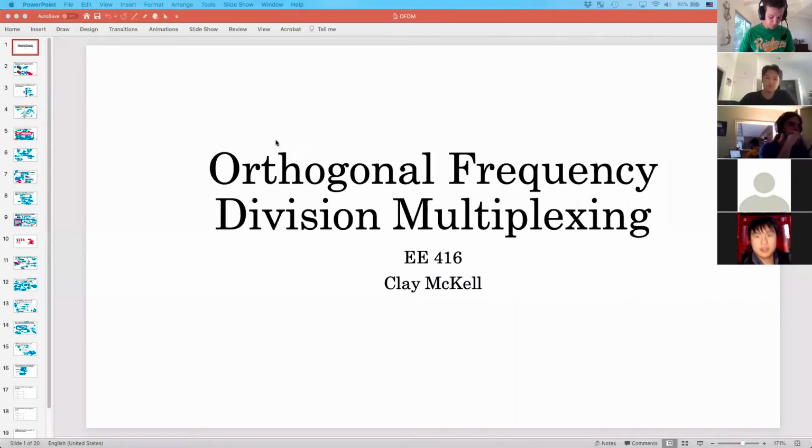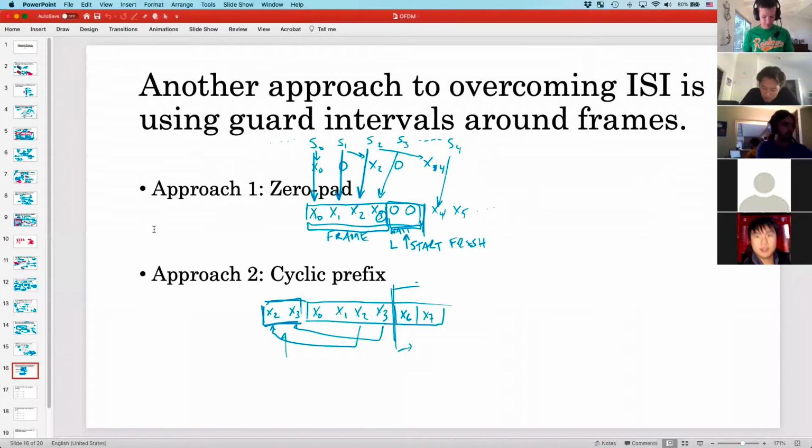Okay, so let's go back to slide 16 in my set. The big picture was an alternative to equalization. And again, equalization is the idea to try and undo whatever the channel does, including delaying, echoes, and noise addition.